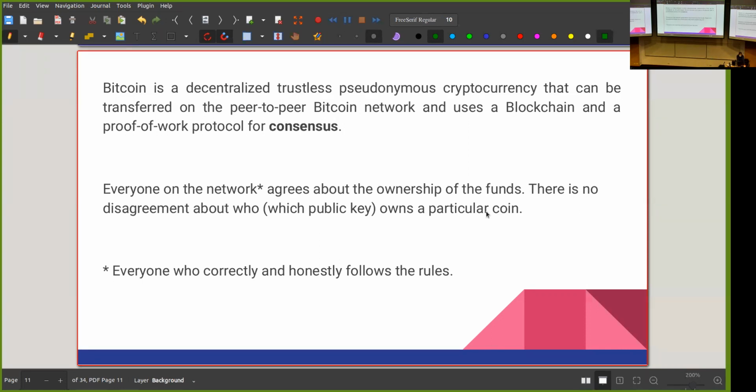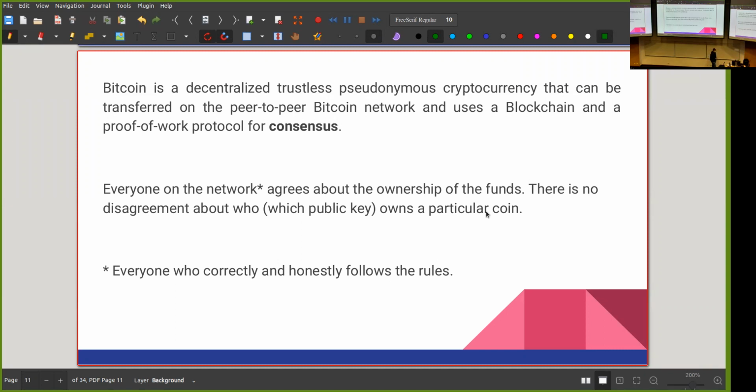The last sentence says that Bitcoin uses a blockchain and a proof of work protocol for consensus. So I have to now define what consensus means. Consensus means agreement, and it means agreement among everyone. So we want everyone on the network to reach an agreement about the ownership of the coins.